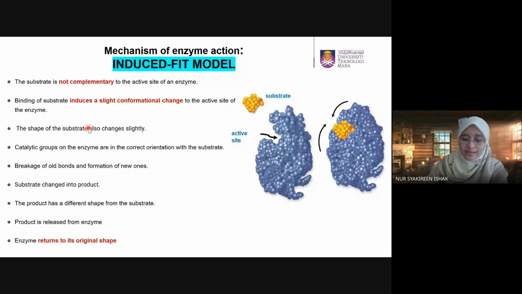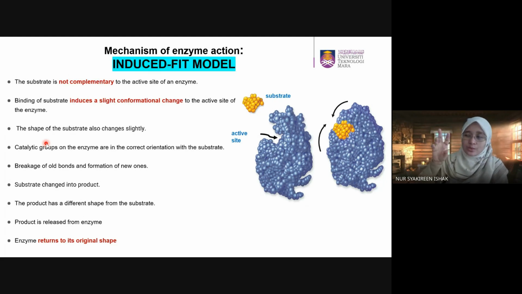The shape of the substrate also changes slightly, and then catalytic groups on the enzyme are in the correct orientation with the substrate. If I'm not mistaken, we know the enzyme is made up of amino acids, and protruding from the amino acid we have the side chain.